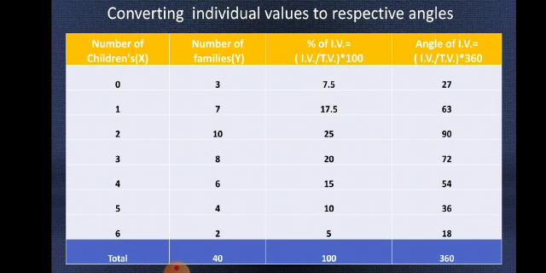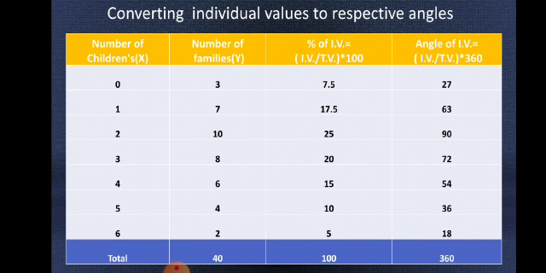Why are we converting all of this? First we converted the second column values into percentages, and once you have the percentages, you convert them into respective angles. Why angles?